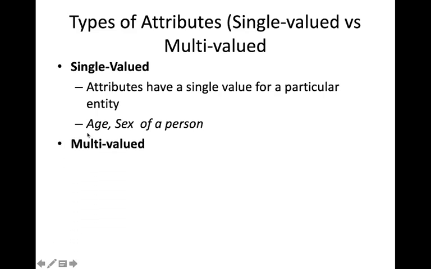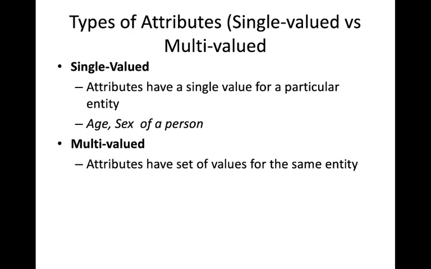Then we can have multi-valued attributes. These attributes have a set of values for the same entity. For example, the colors attribute for a car: a dual-tone car may have two colors, maybe black and white, or red and blue, in several combinations.